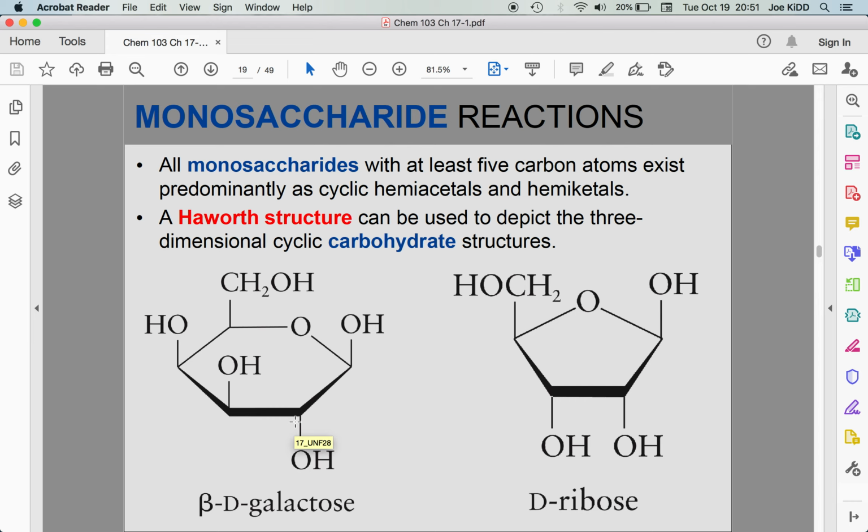It's really done as a convention so that everyone's on the same page, but they'll follow the same general pattern. All of the cyclic carbohydrate structures will have an ether like this in it, either in a 5-membered ring or a 6-membered ring typically, and so that oxygen will be in the back, and then the substituents around it will either be pointing up or down, depending on whether we have the D or the L form of it.